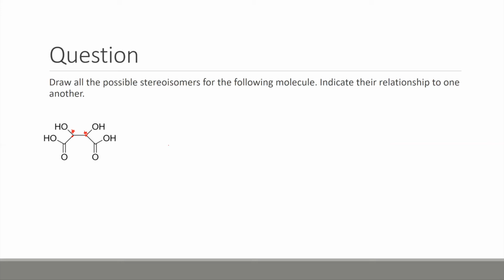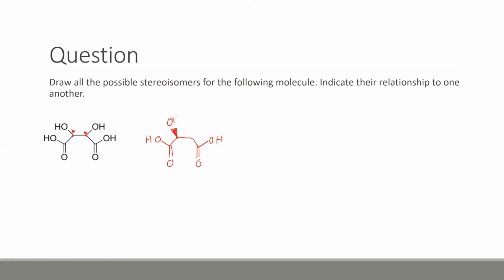So I'm yet again going to draw my chiral centers so that I have the hydrogen pointing back as my first version. And I'm going to assign the R and S configuration to that version first and then work from there.